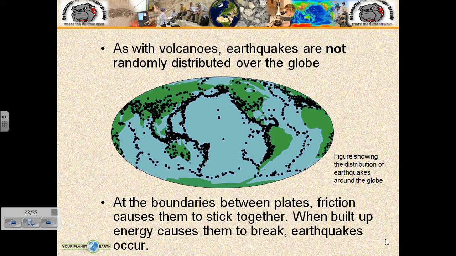So if you look at these spots, this figure shows where the distribution of earthquakes occur around the globe. And if you'll recall from the previous images of the tectonic plates, many of these distribution of earthquakes, if not all, are aligned with that of the boundaries between the tectonic plates.